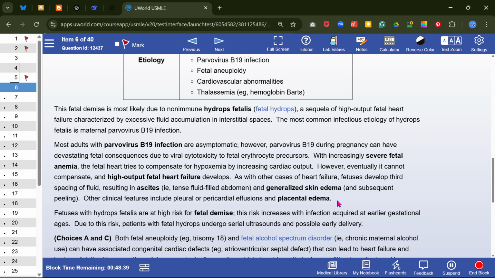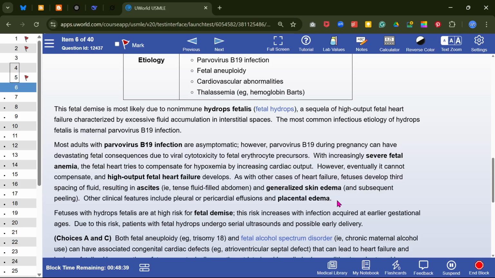The fetal heart tries to compensate for hypoxemia by increasing cardiac output. However, eventually it cannot compensate and high output heart failure develops. As with other causes of heart failure, the fetus develops third spacing of fluid resulting in ascites, tense fluid-filled abdomen, and generalized skin edema.